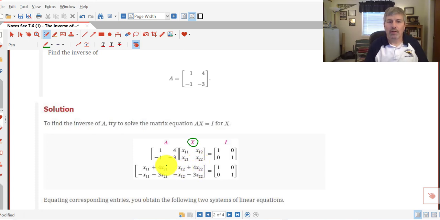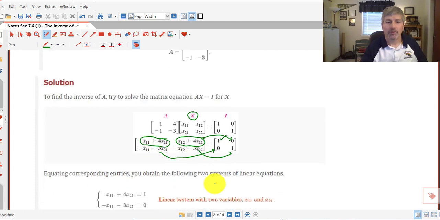And so now we know that since the spots are equivalent, x11 plus 4 x21 has to equal 1. We know that x12 plus this has to equal 0, right? The positions all need to match up. Well, what's interesting here is we've got our subscripts all match up, very similar to a system of equations.